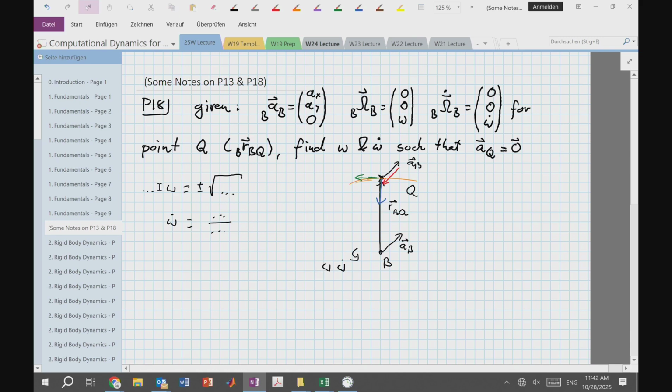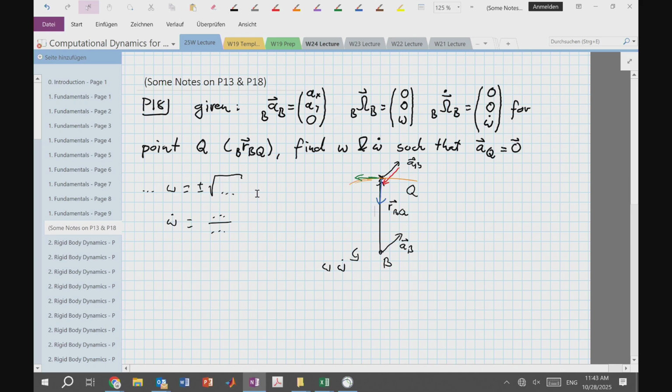Because of that, the angular velocity has the square root expression. It also doesn't matter whether I go counterclockwise or clockwise around the circle. This acceleration component will always point towards B. That explains the plus and minus sign.